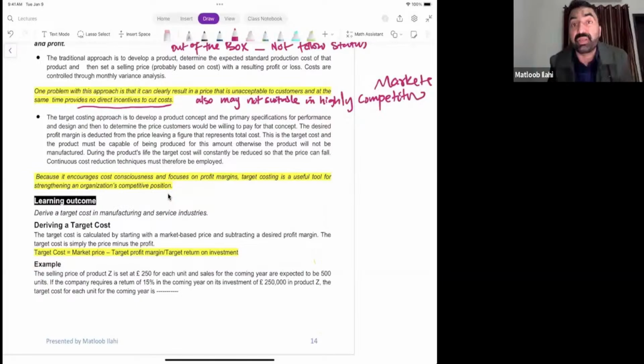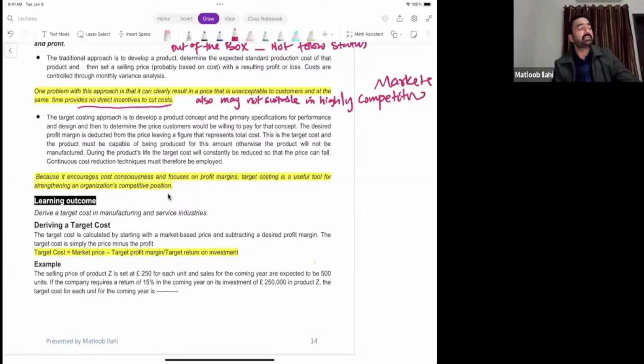For example, if a company is developing a laptop, they will first develop the concept and then set the price that customers would be willing to pay. The desired profit margin is deducted from the price, leaving a figure that represents total cost. This is the target cost, and the product must be capable of being produced for this amount. Otherwise, the product will not be manufactured.